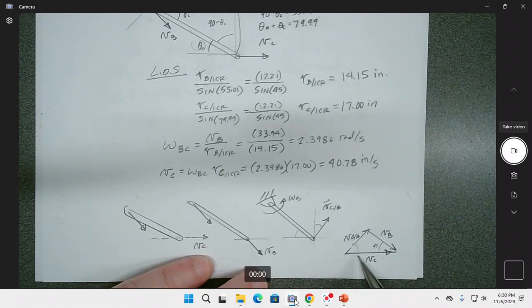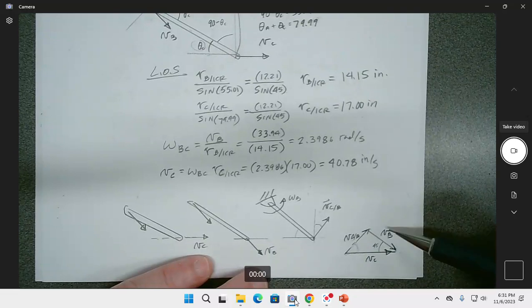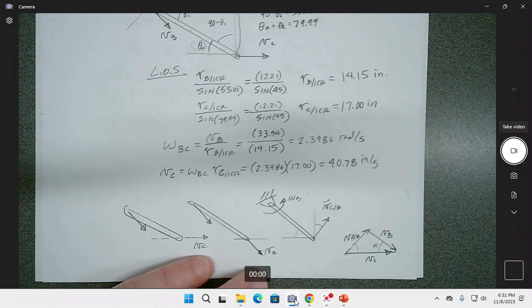A lot of places they use the triangles for everything. There's a certain amount of justification for these vector triangles, by the way, especially when it comes to navigation. There's a lot of navigation that gets done by hand.